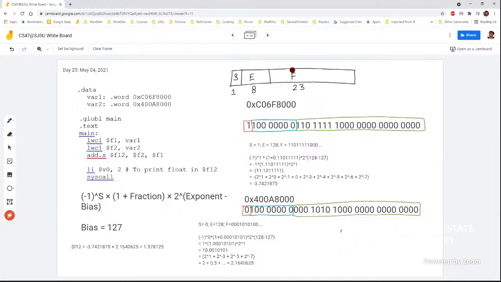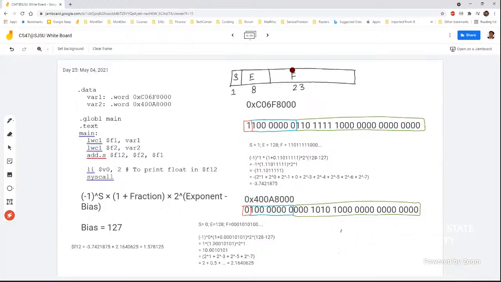In fact, it has three more special representations: plus infinity, minus infinity, and not a number. Plus infinity and minus infinity have sign bits of 0 and 1, the exponent is 255, and the fraction part is all 0. So they are positive infinity and negative infinity representations.